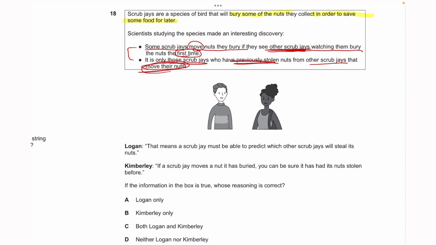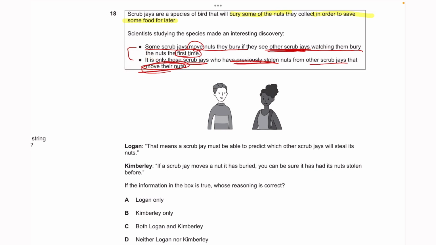Okay, so some scrub jays move their nuts they bury if they see other scrub jays. So you've got to kind of imagine yourself in that position. If you're trying to hide something and you see someone watching you hide that, you're going to assume that that person might steal your stuff, right? So you're going to move your stuff afterwards. So that's essentially what a scrub jay is doing. Now, this one you can also apply to yourself as well.